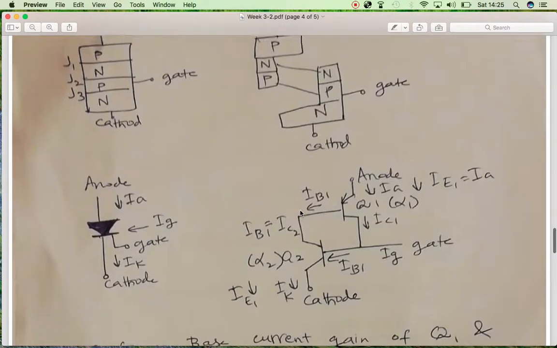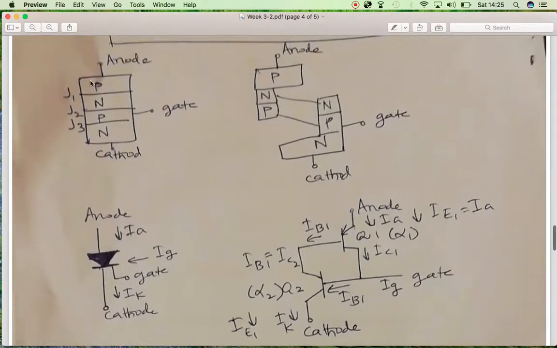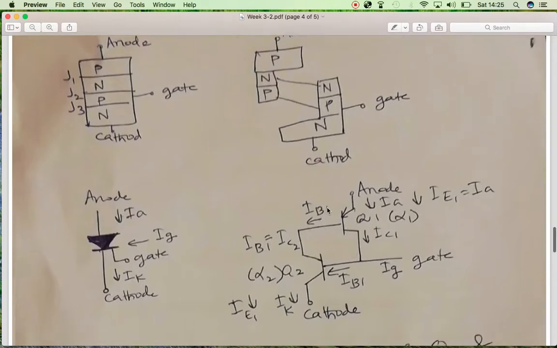So what have I done? There is a manufacturing diagram of the SCR, and there is an equivalent diagram in terms of transistors. This is the symbolic diagram of the SCR, and this is the detailed circuit diagram of the SCR in terms of transistors, and we have written the values of currents and gains with common base configurations.